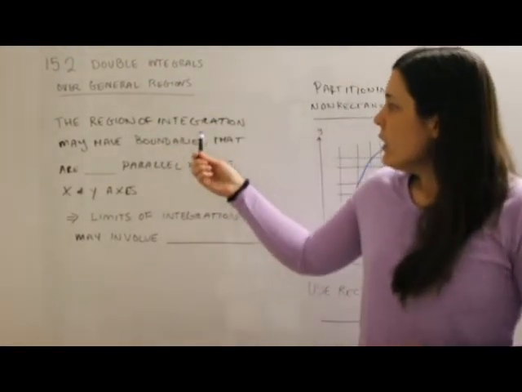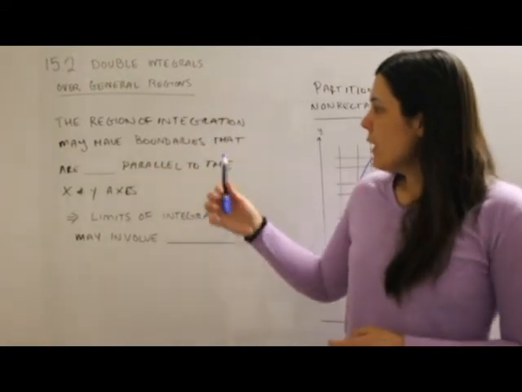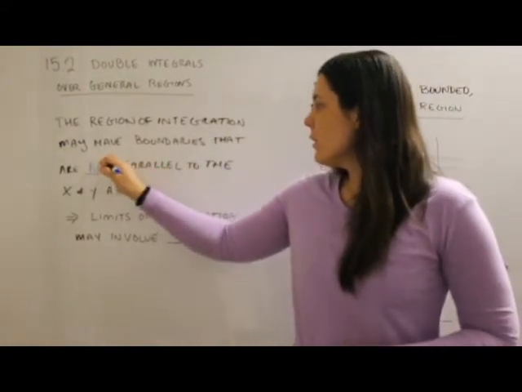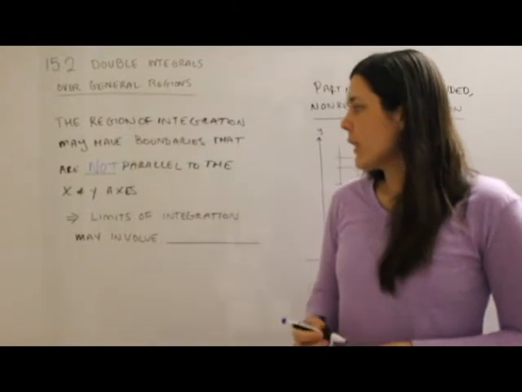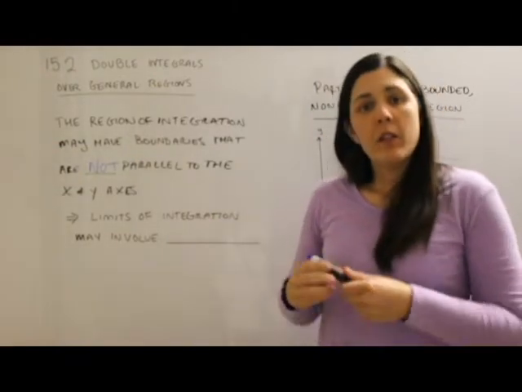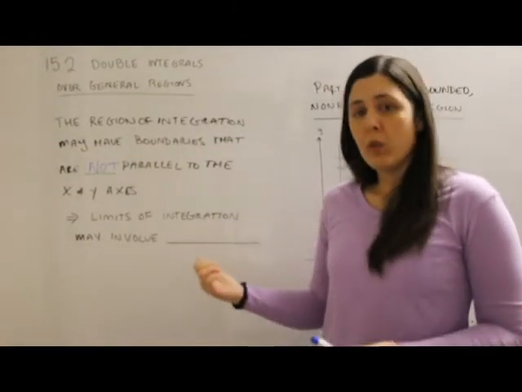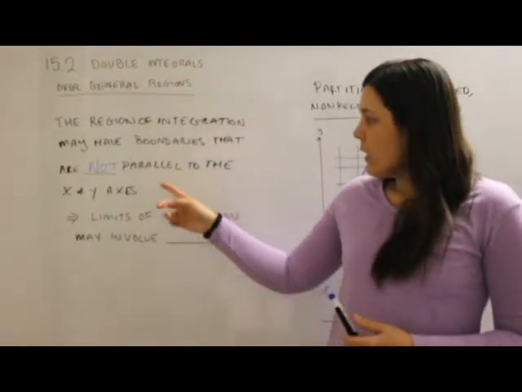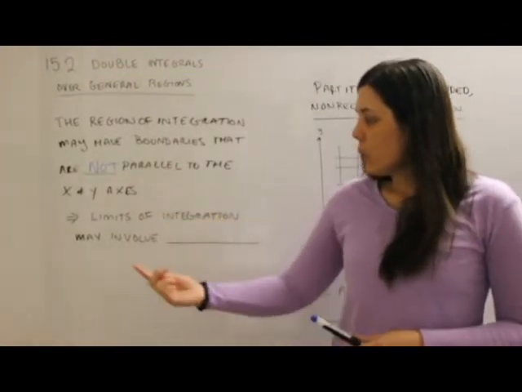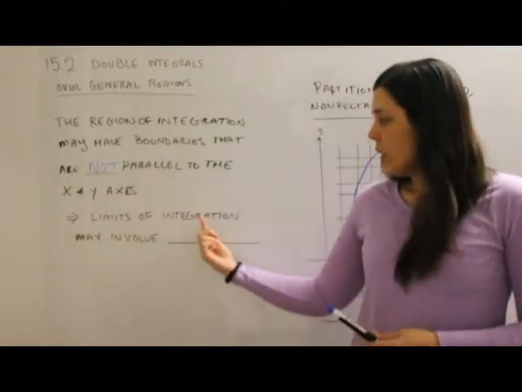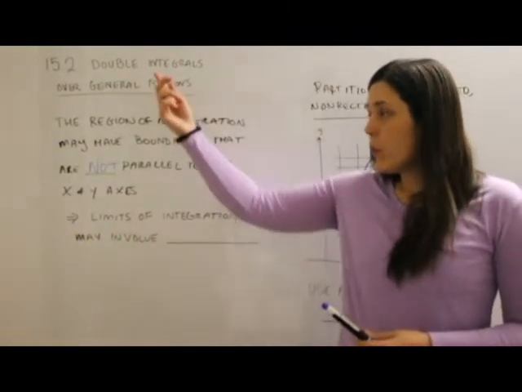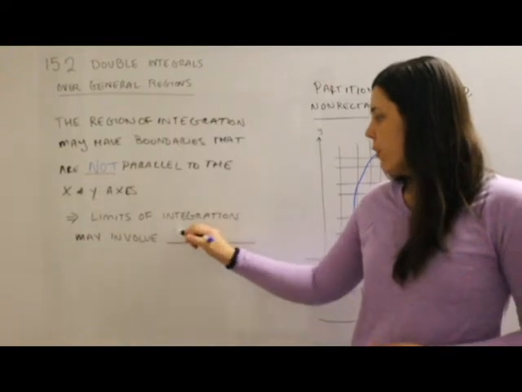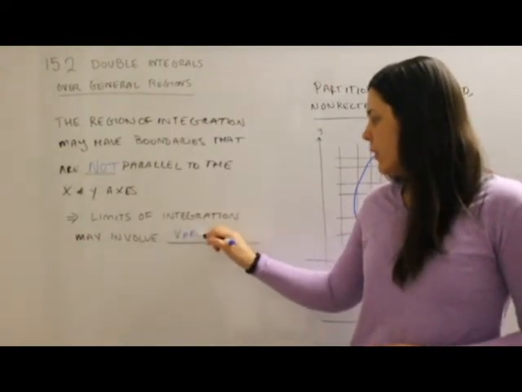So the region of integration may have boundaries that are not parallel to the x and y axes. In 15.1 they were nice straight lines on all the sides. What that implies is that your limits of integration, when you're doing your double integrals, might involve variables.